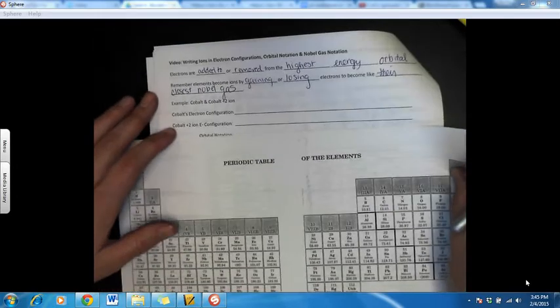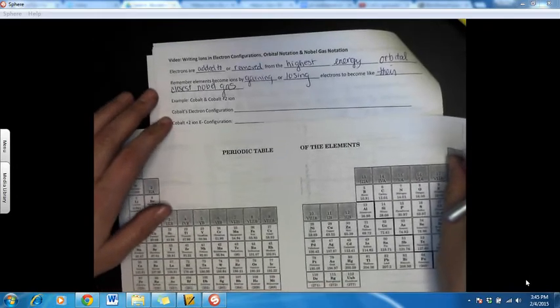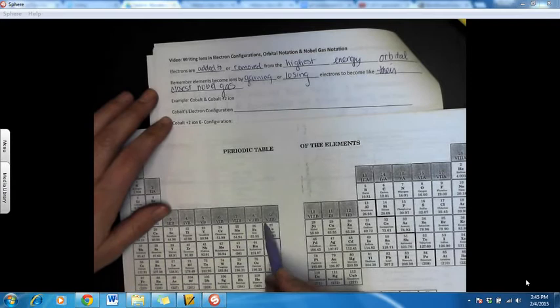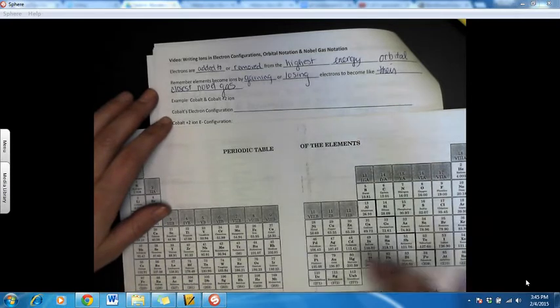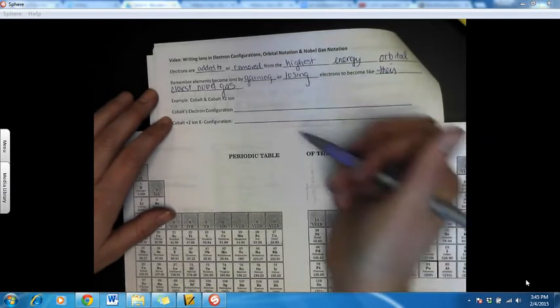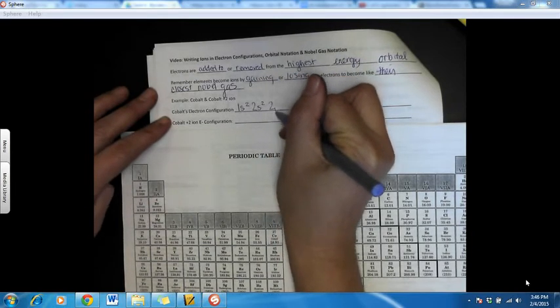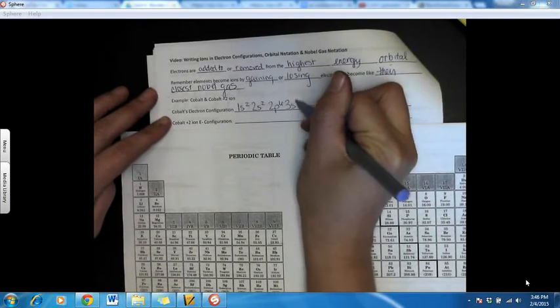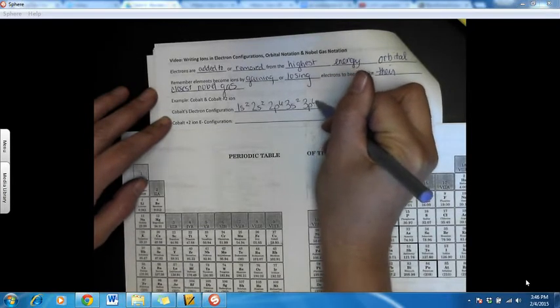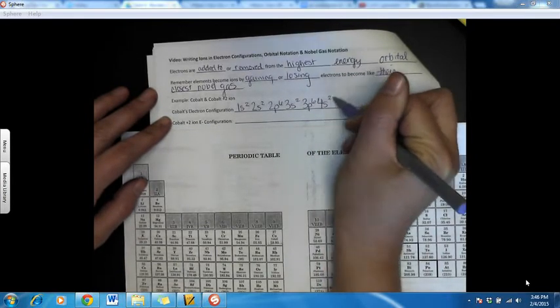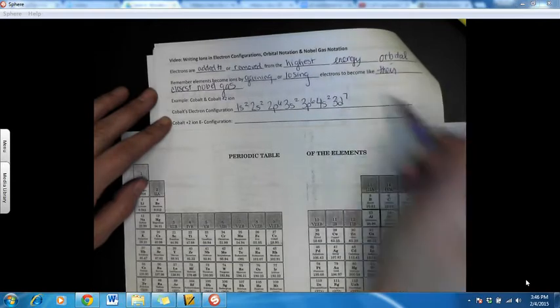So for example, we have cobalt, and cobalt is here. Cobalt has an electron configuration of 1s2, 2s2, 2p6, 3s2, 3p6, 4s2, 3d7.